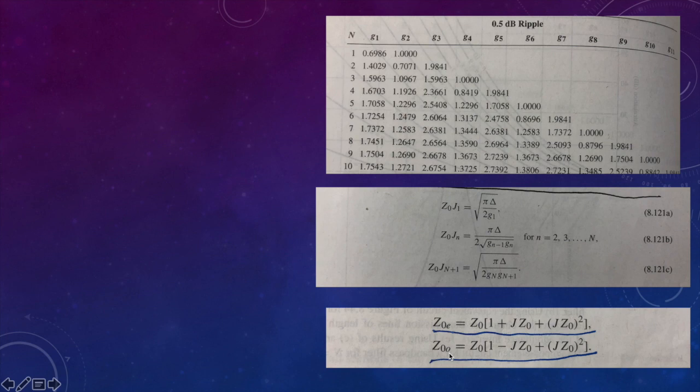This is the basic idea of how to design the coupled line filter. We copy this data into a spreadsheet and use these two sets of equations to calculate what the parameters should be.